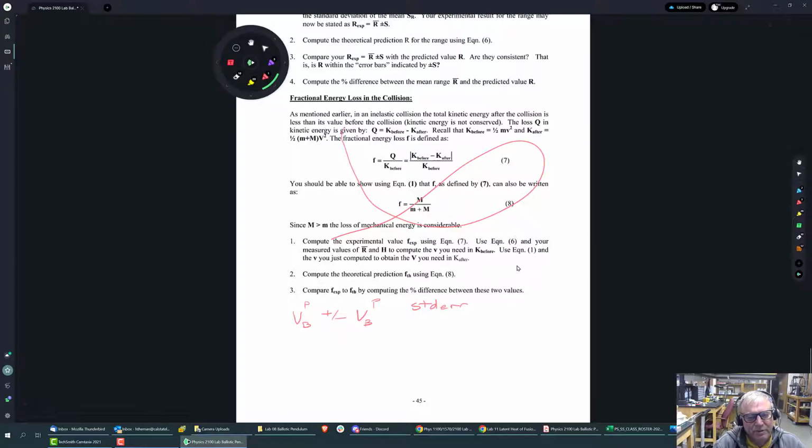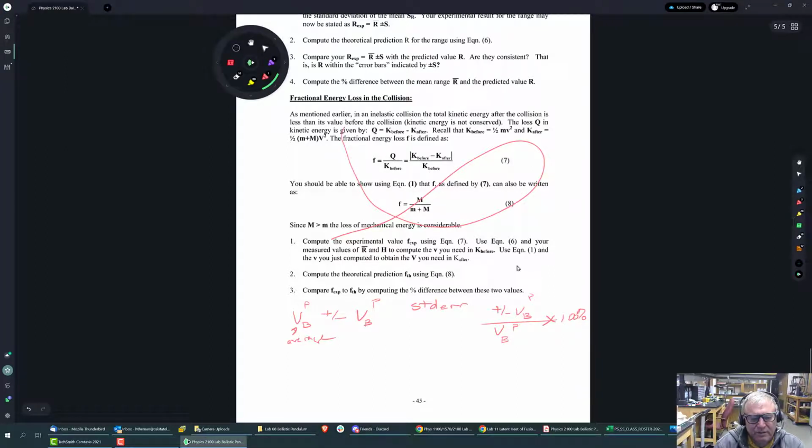And then we can do the percent error on that determination, which is just plus minus V bullet from the pendulum divided by V bullet from the pendulum. And remember, this is the average of the 5.